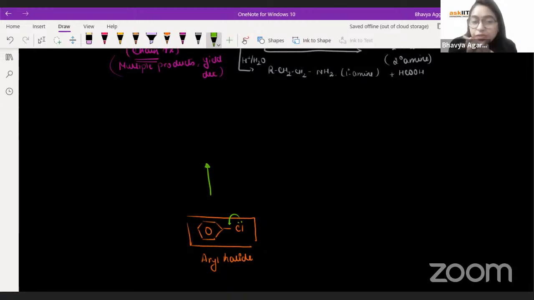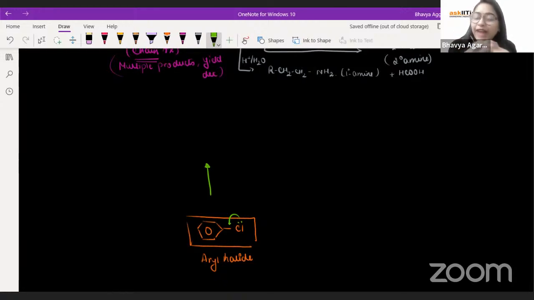The major reactions shown by aryl halides are aromatic substitution reactions. There are very few nucleophilic ones, like Dow's process working via the benzyne mechanism, but this is not a characteristic reaction.